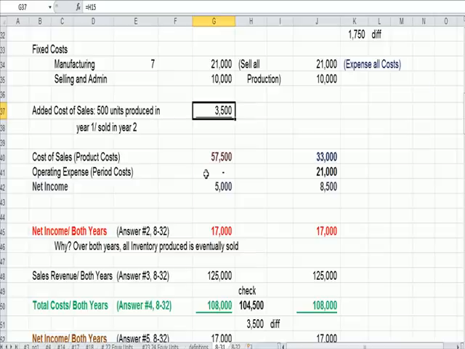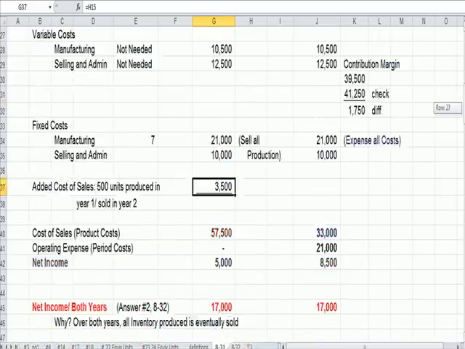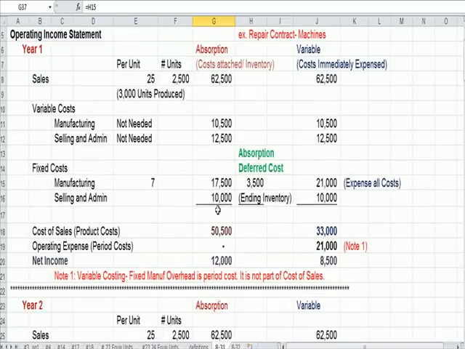So if you look at the net income in year one, absorption costing had higher net income by $3,500 because they were deferring $3,500 of fixed manufacturing cost.